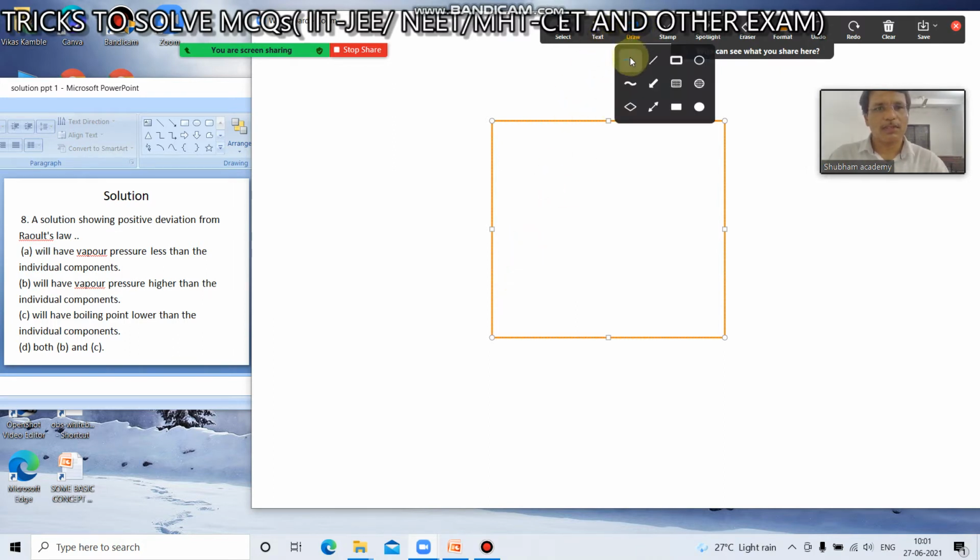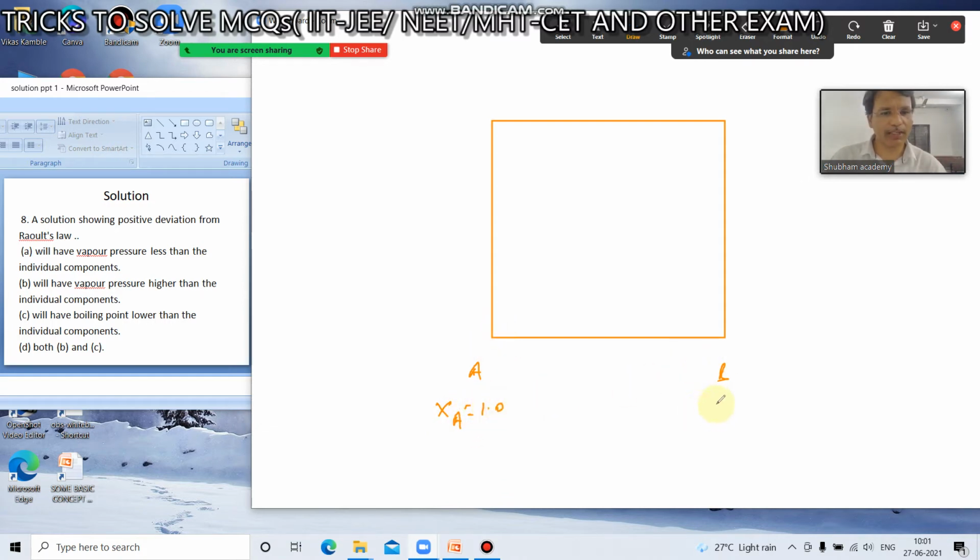Suppose there are two components, component A and component B. The mole fraction of A at this point is 1.0, and the mole fraction of B at this end is 1.0. Friends, 100% A is present here, and that's why the vapor pressure of A is here, and the vapor pressure of B we can write here.